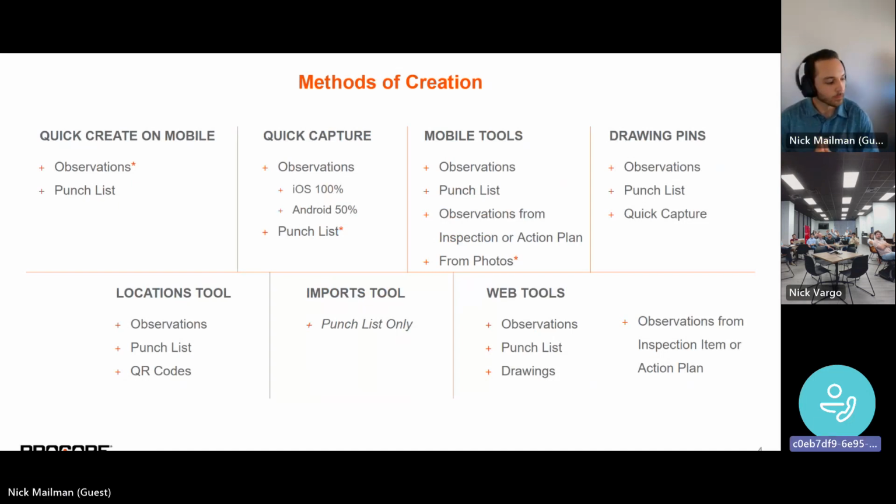Nick, just a question for Nick Mailman. I want to jump in here really fast. Nick V, are you using observations for any other types of items beyond quality? Can you explain that a little bit? Yeah, so we're using observations for two different types of safety items.